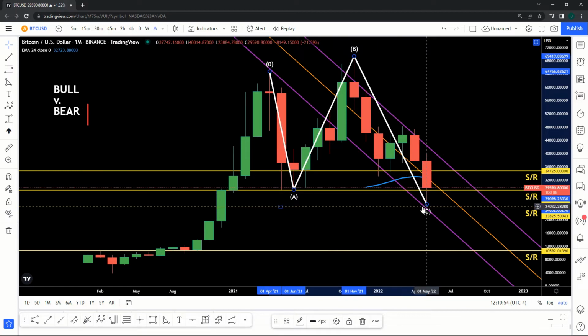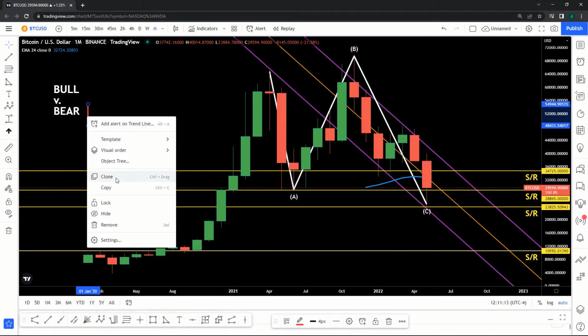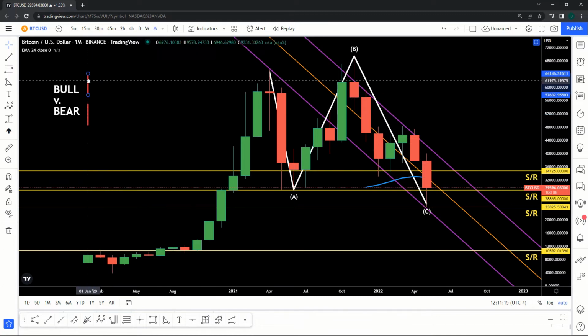So on the next bull run, price would have to exceed 70,000 or 69,500, whatever it is. Right, so from that perspective, this would be a bullish pattern. What if this pattern is complete? So now the score is 1-1.